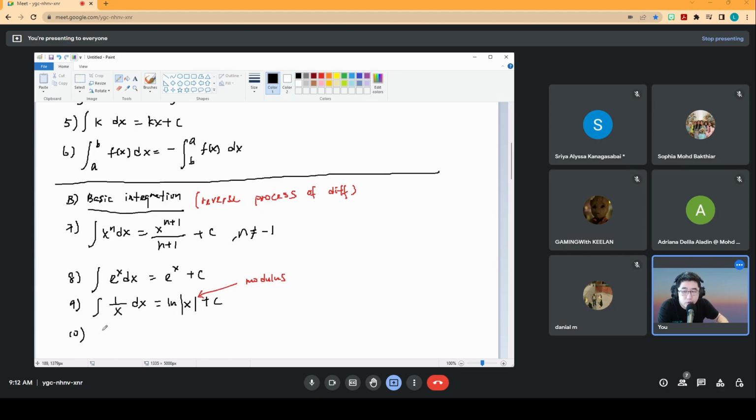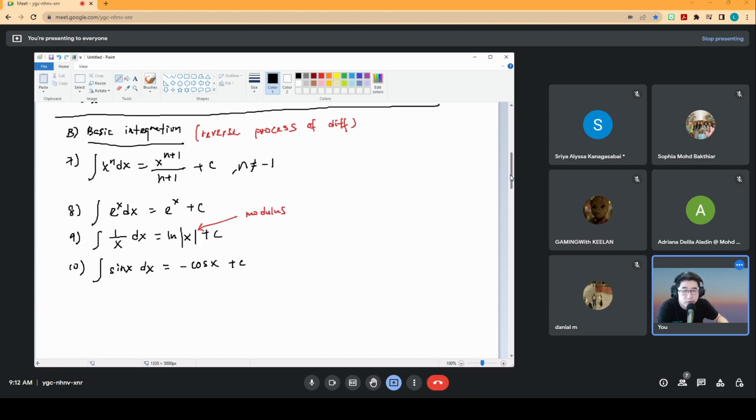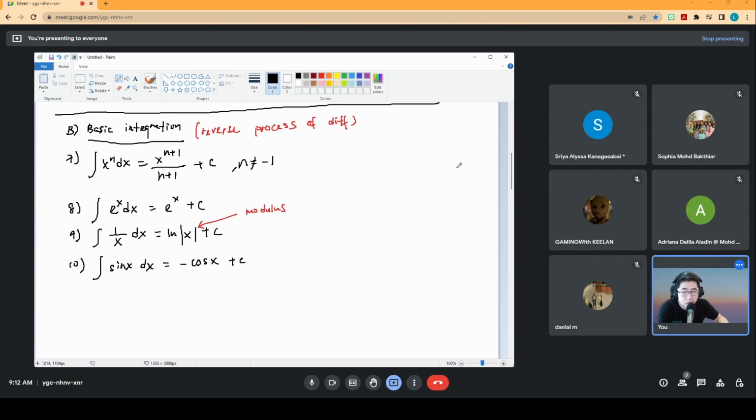Number 10, if you have sine x, it gives you negative cos, because this is exactly the reverse process of differentiation. When you differentiate cos, it gives you negative sine, so when you integrate sine, you get negative cos. Number 11, you have cos x, it gives you back sine x.